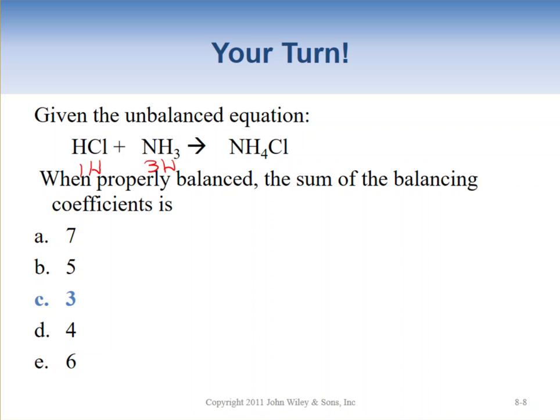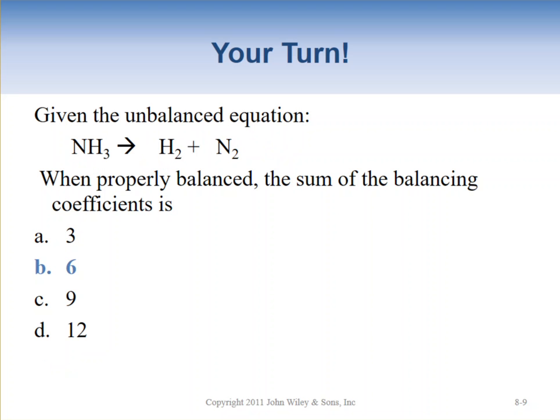So the reaction is balanced. The coefficients are only 1. Now, to see the sum of balancing coefficients, although you don't see any coefficient, remember that these are still 1. We just don't write 1. So the sum of the balancing coefficients is 3.